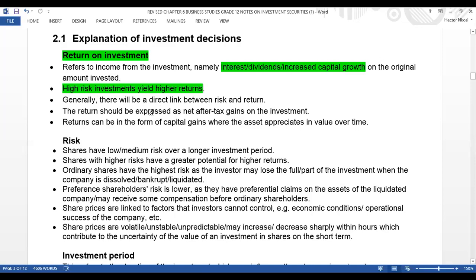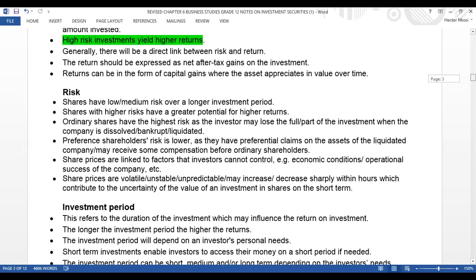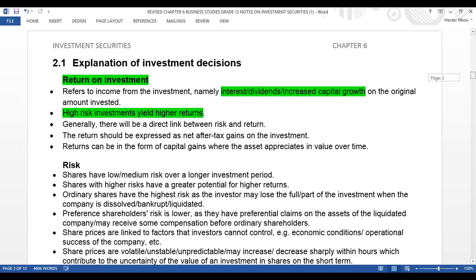Returns can be in the form of capital gains, where the asset appreciates in value over time. And that was your return on investment.